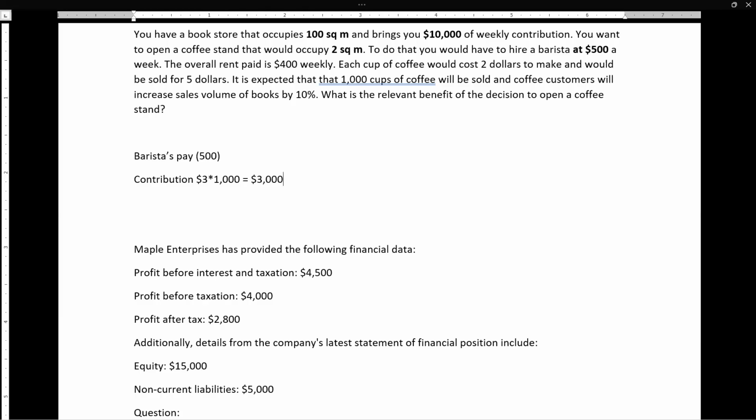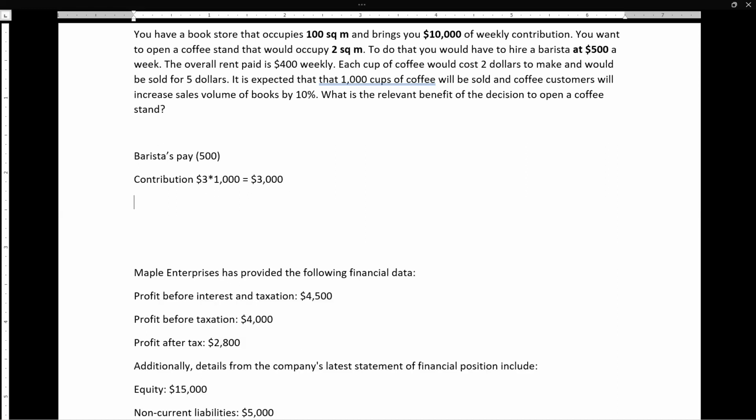And coffee customers will increase sales volume of books by 10%. So the extra book sales would be added with a plus sign, but actually we are taking not sales, but contribution. So we would need to take sales and subtract the variable cost.